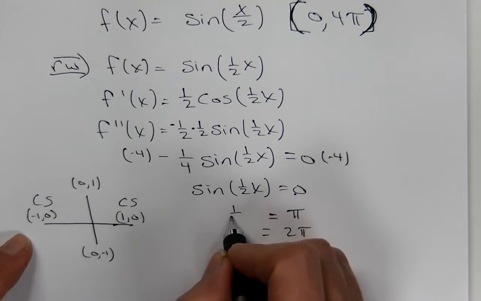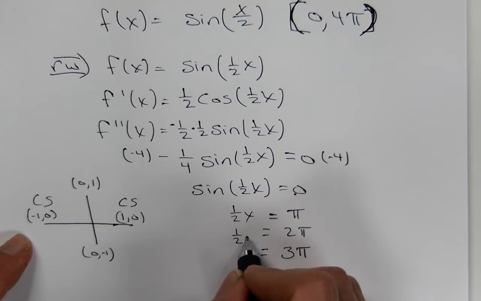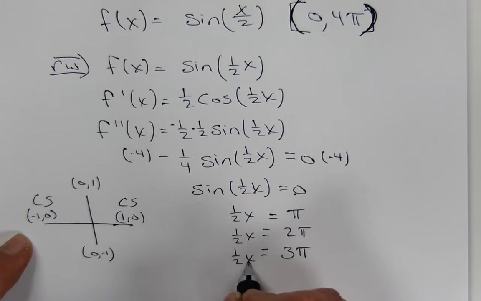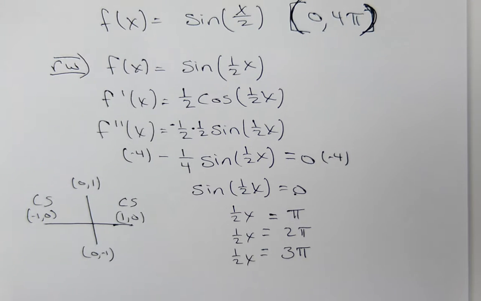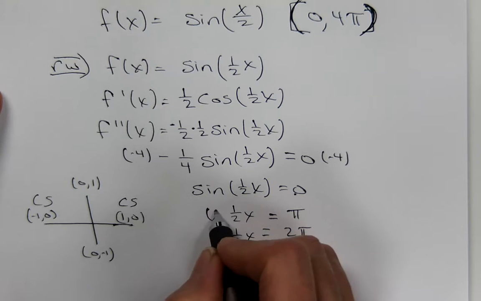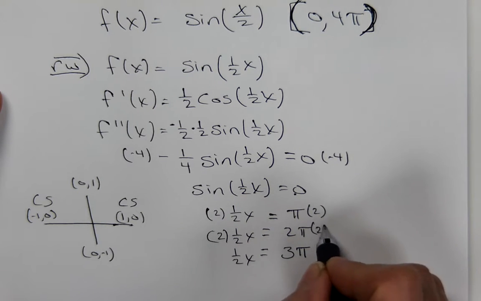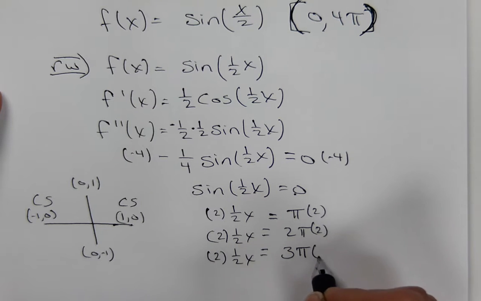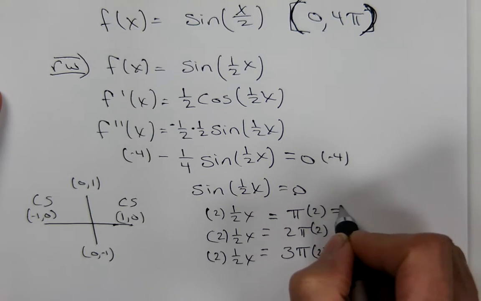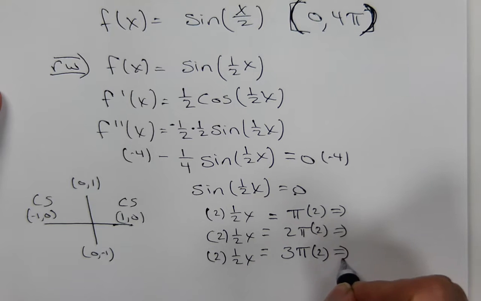So that's 1/2 x is equal to each of those. And we're going to be excluding more values in just a moment. So now when we solve each of our little mini equations, we multiply both sides by 2. And those are going to give us then our x values.